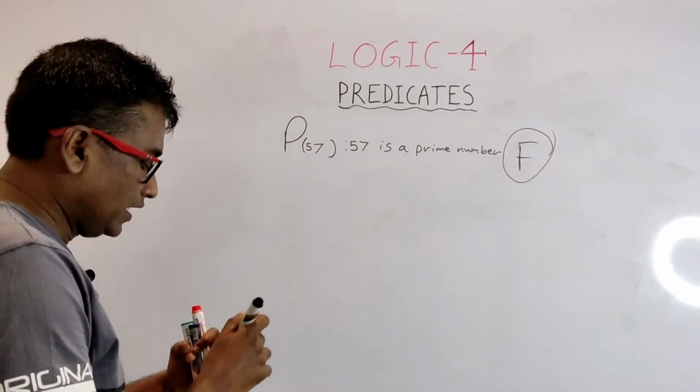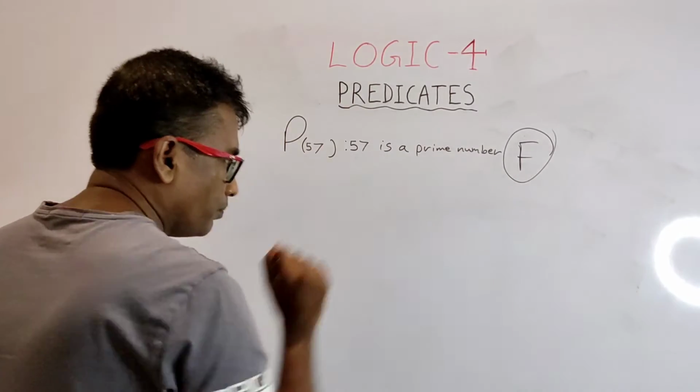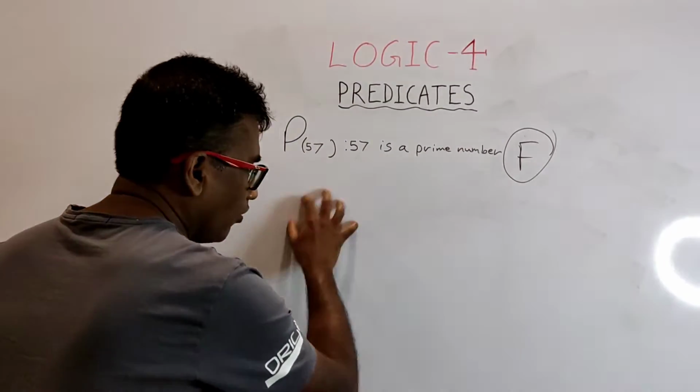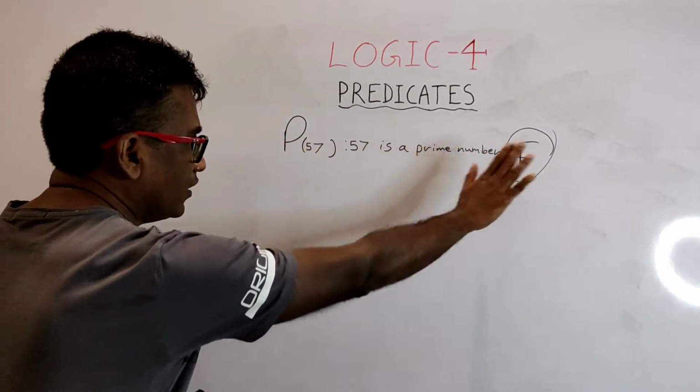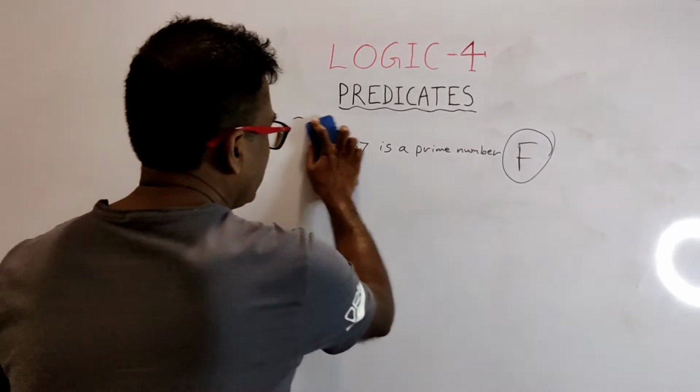Okay, so the easiest way to convert a predicate to a proposition is to replace its variable or the variables with known values. Now think of this one.